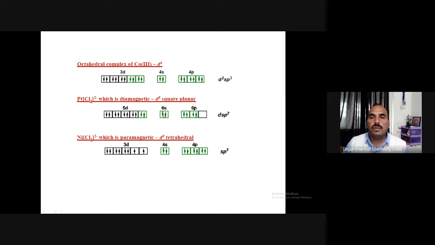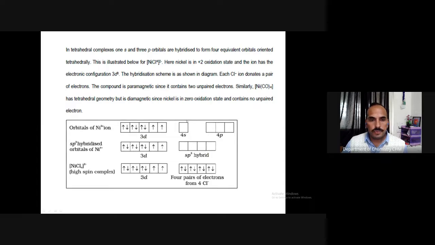So 1d, 1s, and 2p, so dsp2 is the hybridization. Right? No issue. So the sp3 hybridized orbitals of nickel 2 will be like this, and all chlorides can donate electrons over here. And NiCl4 remains paramagnetic and an outer orbital complex. It is a high spin complex. All right.